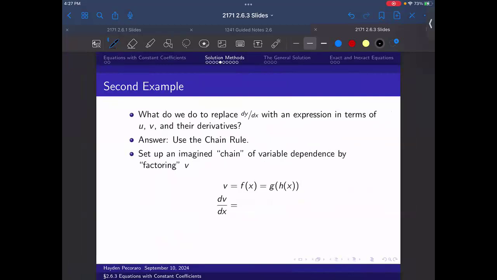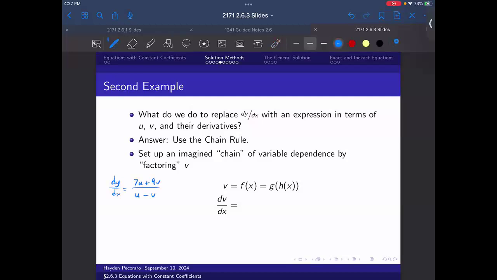We want to replace dy dx with something that only has u and v in it, because once we substitute, we get an equation that looks like dy dx equals 7u plus 9v over u minus v. Notice the constants went away because we chose h and k so that they would. Now we just need to get v and u in there.